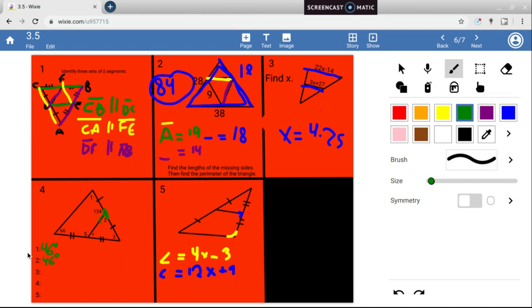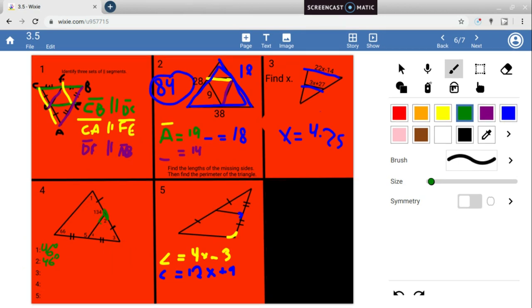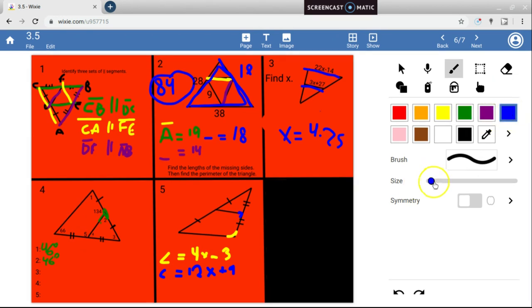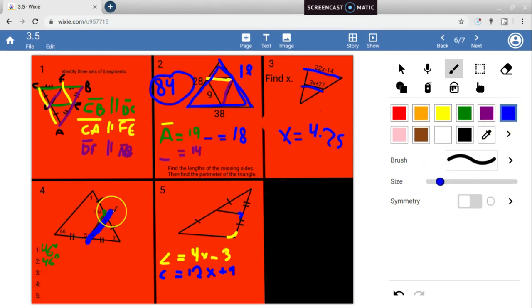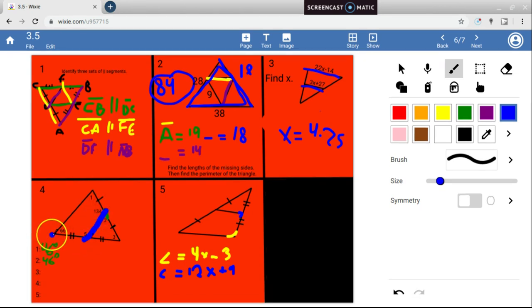That's number 4. So actually, we're just going to draw out the lines that are parallel. These two are parallel.